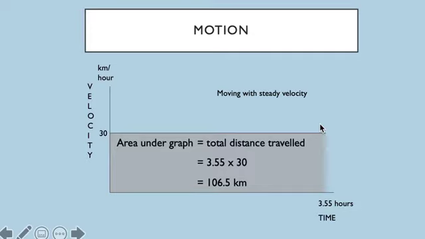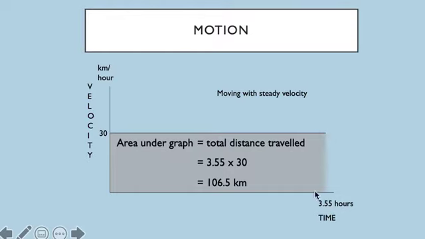And the reason we can find the distance is if you can remember the equation for speed, speed equals distance divided by time. If you rearrange that, then you would get distance equals speed times time. So if I'm going at 30 kilometers an hour for 3.55 hours, I would multiply 30 times 3.55, and I would find the distance that I've travelled.